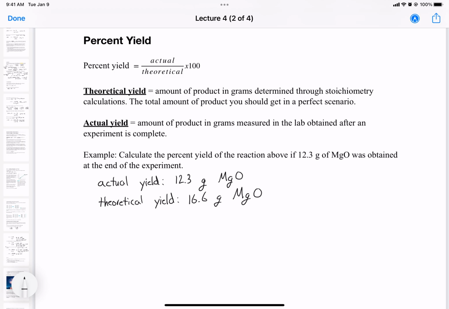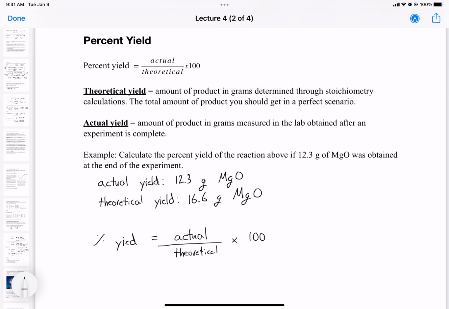So going off this equation here, we know percent yield equals actual over theoretical, and we multiply that fraction decimal by 100.